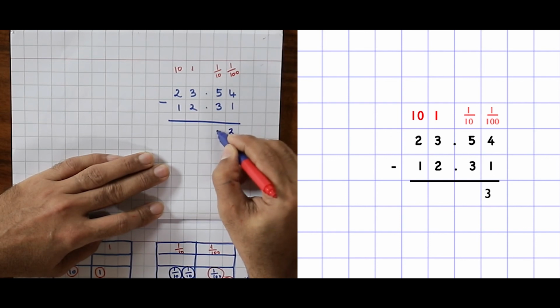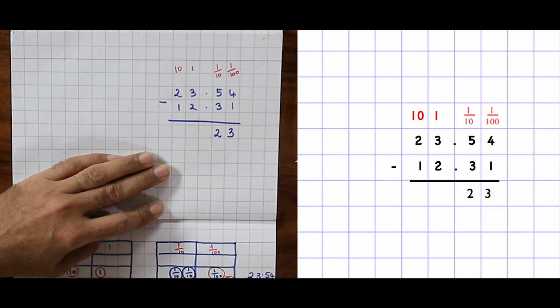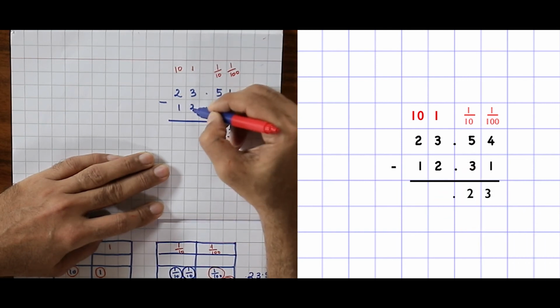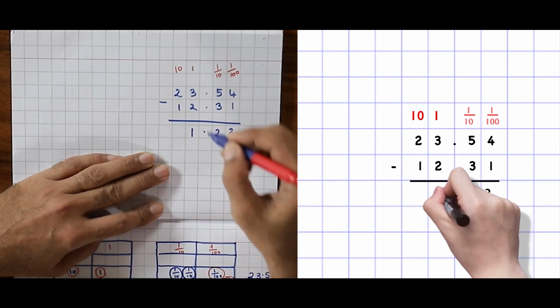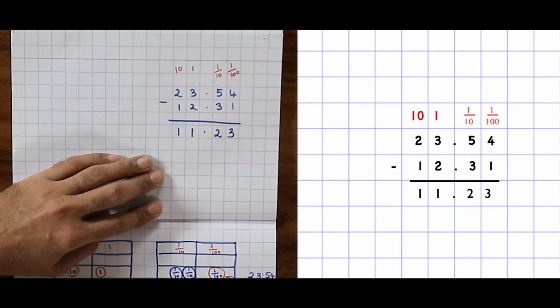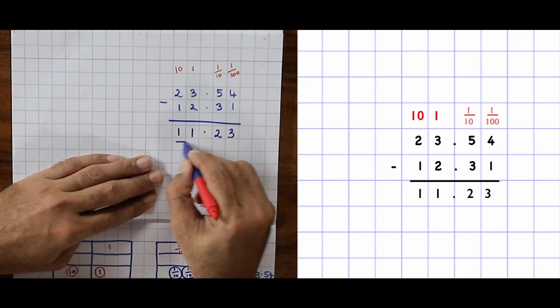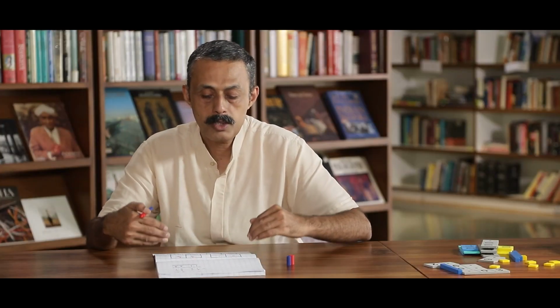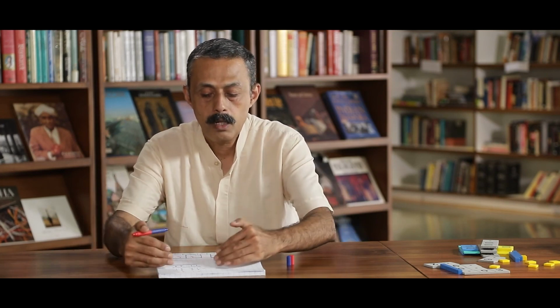Remove 3 1/10s from 5 1/10s, we get 2. Remove 2 units from 3 units, we get 1. And if we remove 1 ten from 2 tens, it is 1 ten. So the answer is 11.23. We need to use the same vocabulary as we did in the representational stage, the same language.